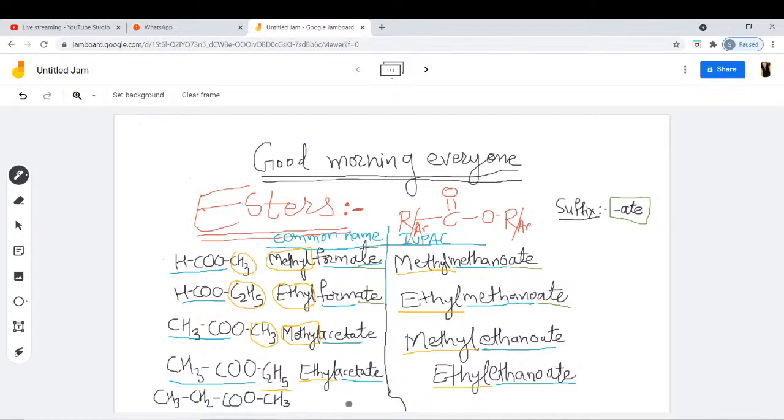Because of propionic acid, it is propionate. The methyl group is here, so methyl propanoate. We can call it methyl propionate or propanoate.